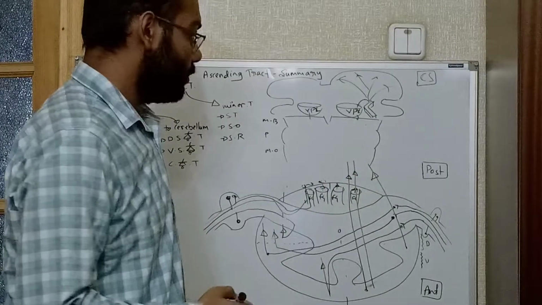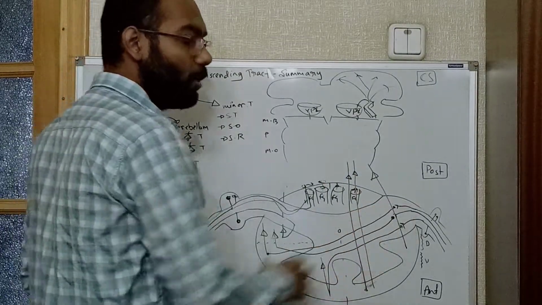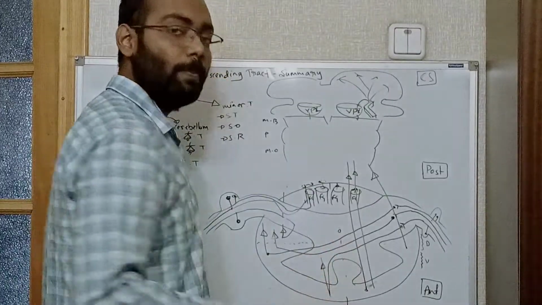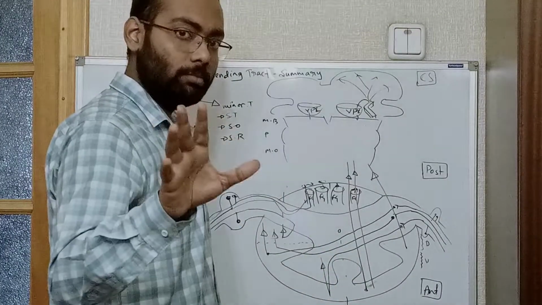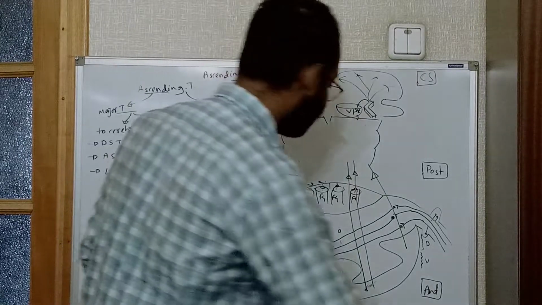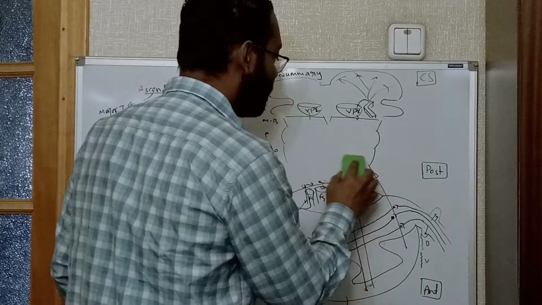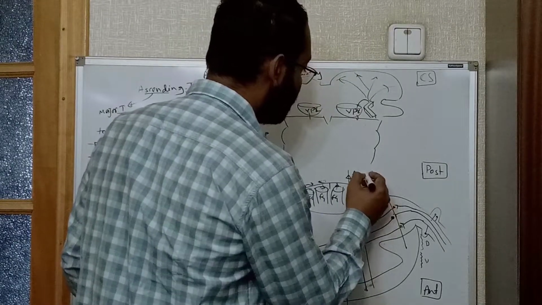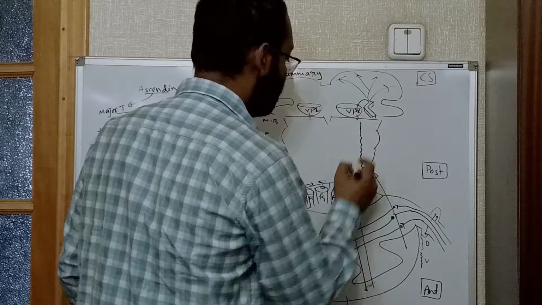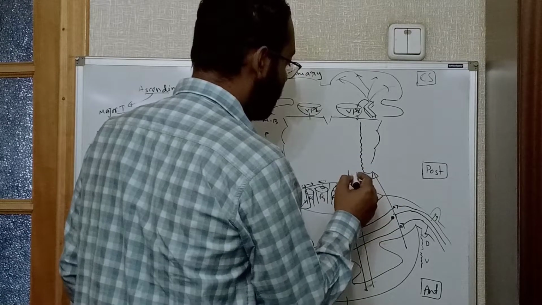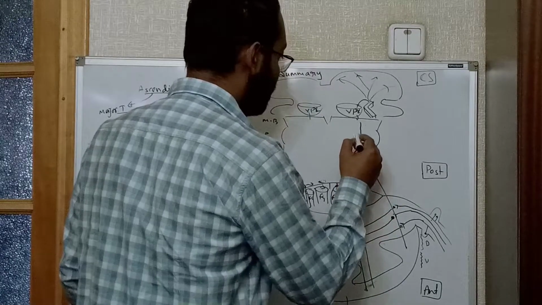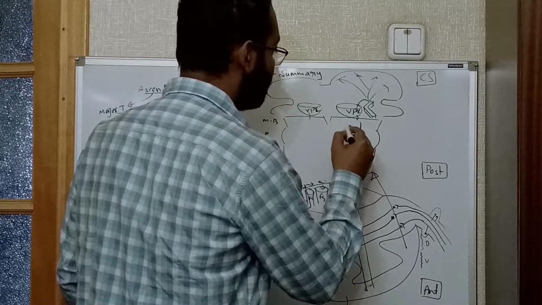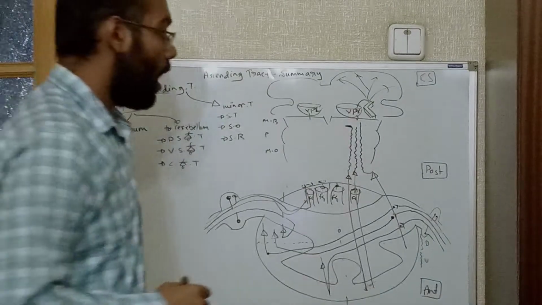So which tract are we talking about? The anterolateral spinothalamic tract as well as the spinotectal tract. Remember this, bear with me. Now what will happen? These three tracts will move together like this. This tract is moving like this, and this tract is moving like this but terminating at this level.